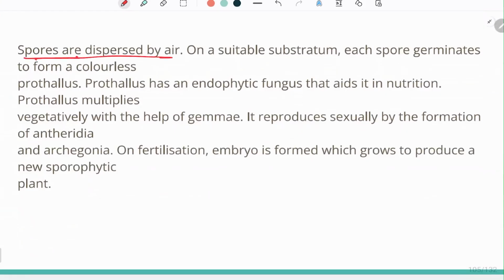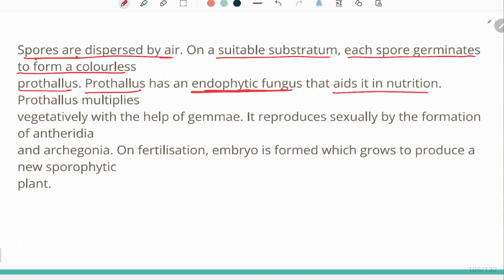On a suitable substratum, each spore germinates to form a colorless prothallus. This prothallus can have an endophytic fungus that aids in its nutrition.